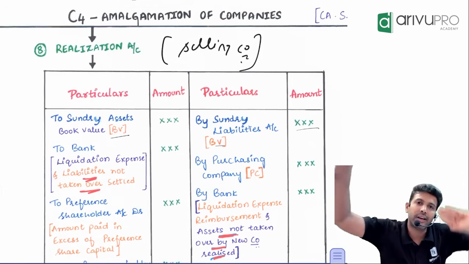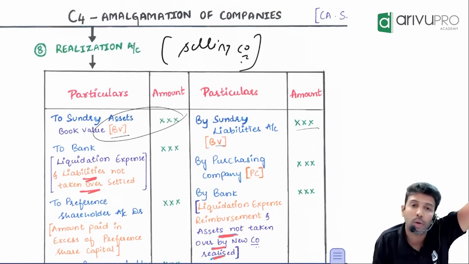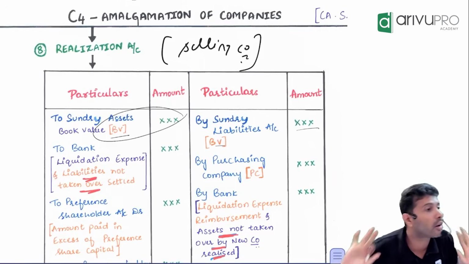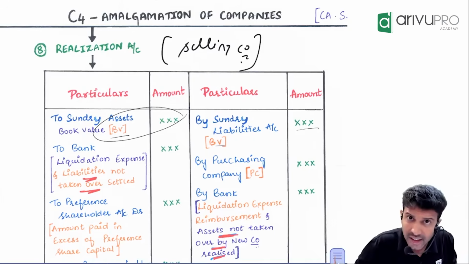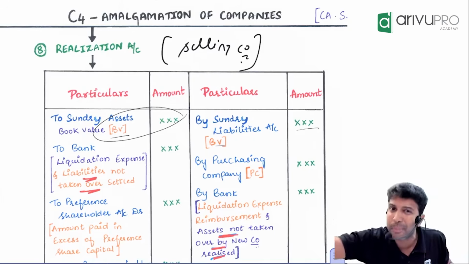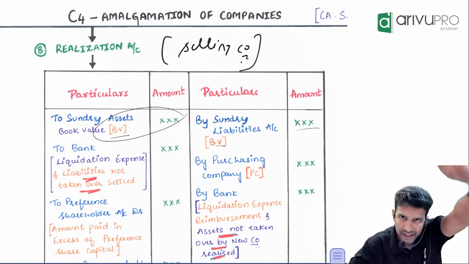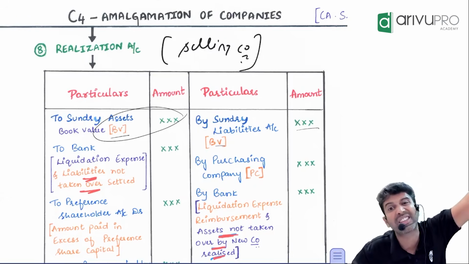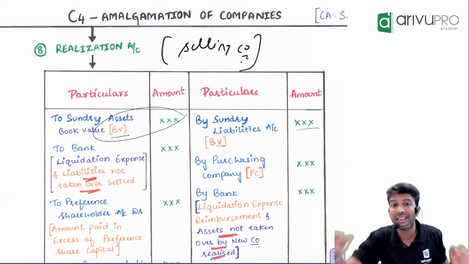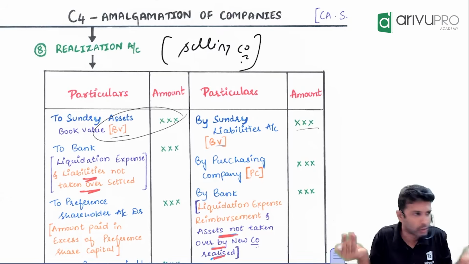You already passed the entry, realization account debit to asset account, so the ledger is already closed. But physically it is still present. Can you see that machinery still? Yes. Will the selling company keep that machinery idle, or will they sell it off now? They will sell it off and recover some money. Individual recovery they are doing.